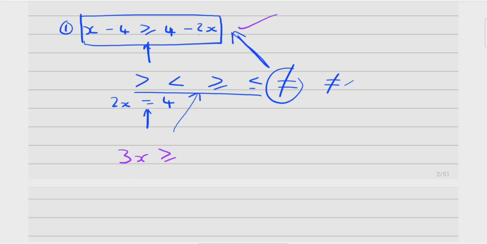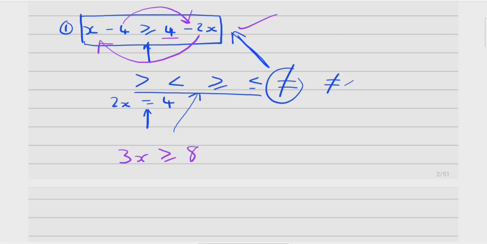So we're taking this minus 2x to this side, and this minus 4 to the other side. And we know that whenever something changes side, the sign also changes, right? In equations, right? So minus 2x will be 2x on the other side, and minus 4 will be 4. So this will be 4 plus the other 4, and that will be 8.